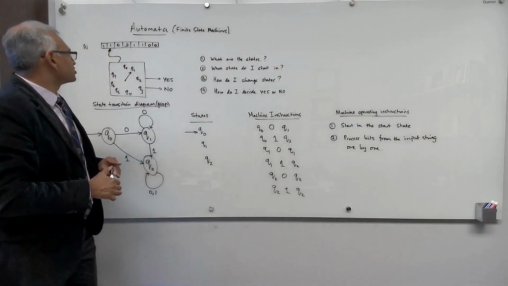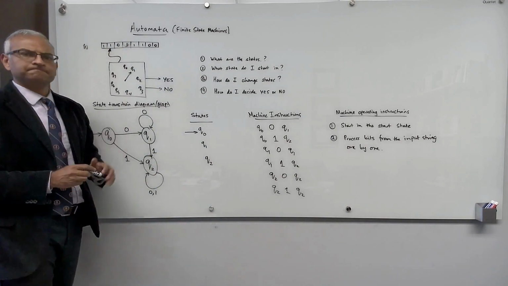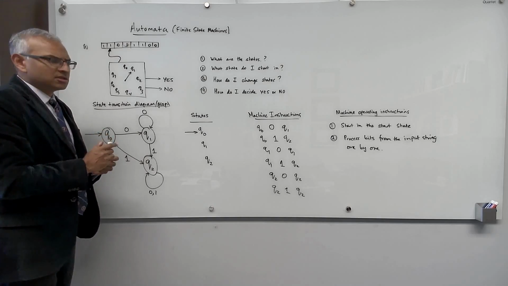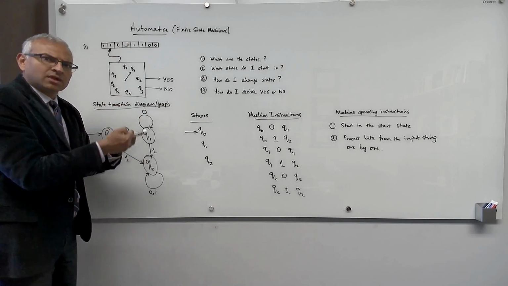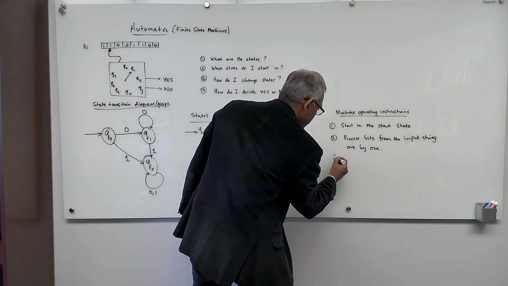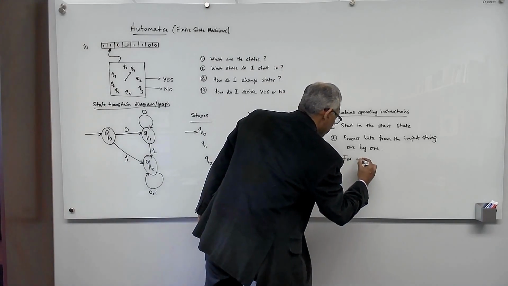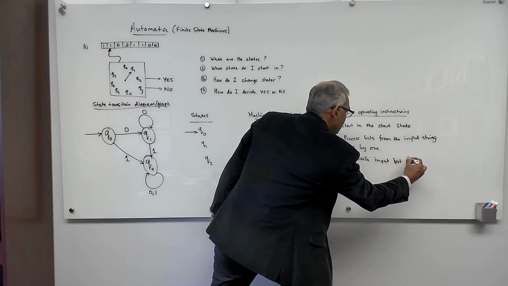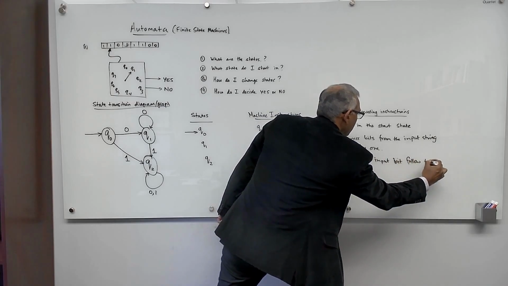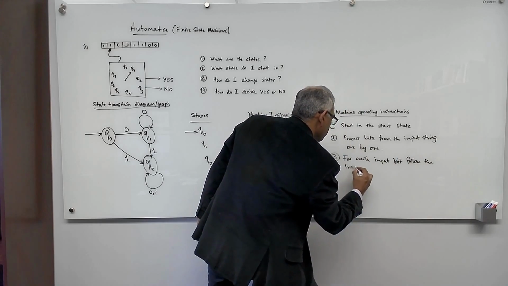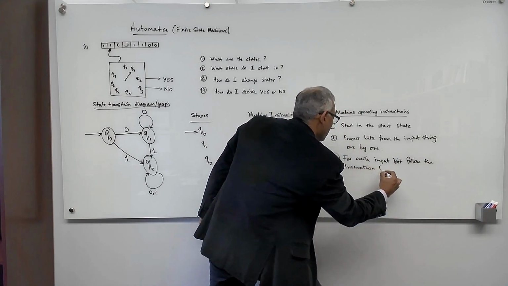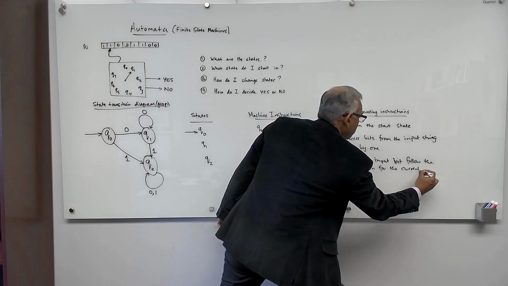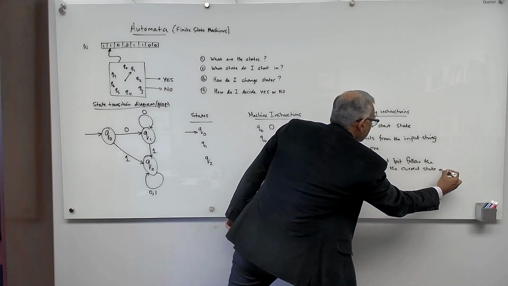For each input bit, follow the corresponding instruction depending on your current state and what the bit is. For each input bit, follow the instruction for the current state and bit.